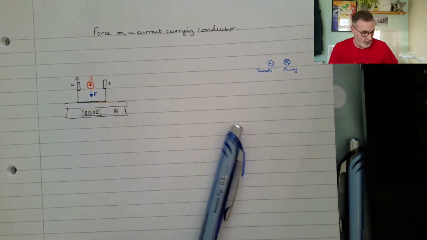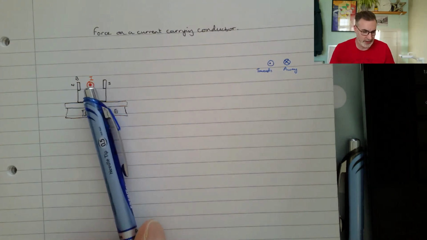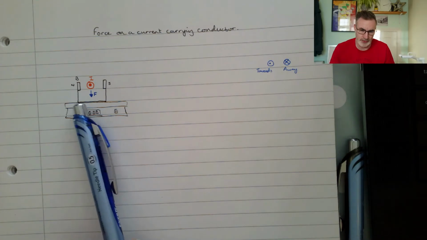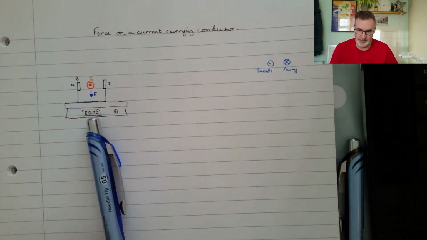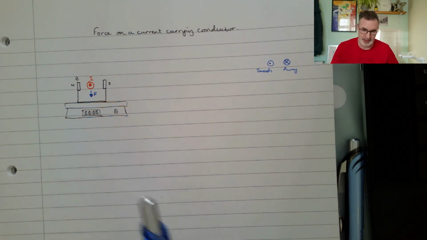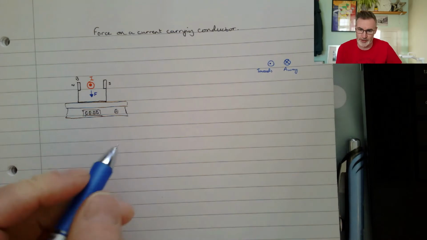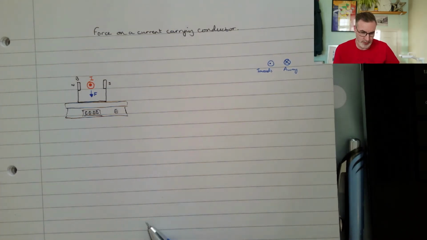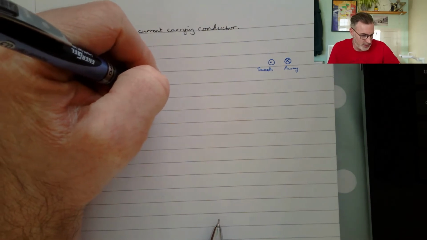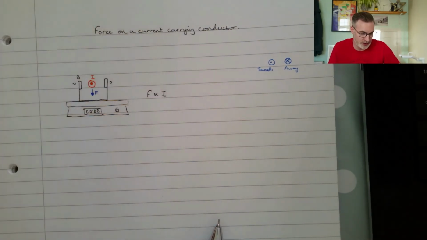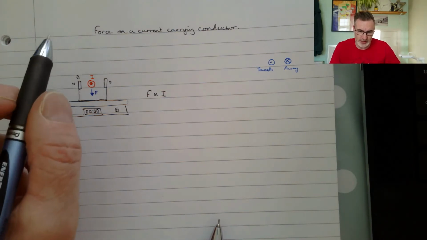So what we can do with this, well, we can vary the current going through the wire. So if we vary the current going through the wire and read out or calculate our different values of force, we'll get a reading from the scale. We multiply that by 9.8, we'll get a force, and we will find that the force is directly proportional to the current. What else can we do?